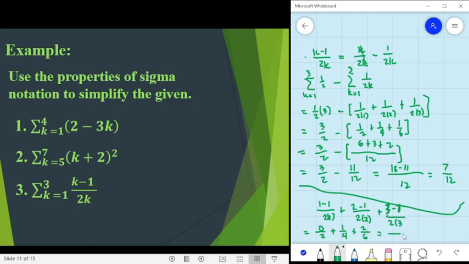So get the LCD of 12. So we have 12 divided by 1 and 0. 12 divided by 4 is 3. And 12 divided by 6 is 2 times 2 is 4. So 3 plus 4 is 7 over 12, which is the same. So, this one is longer, which is why we use the property above.